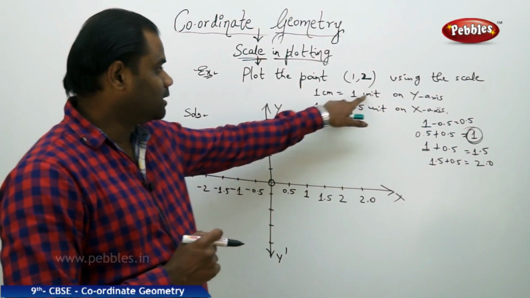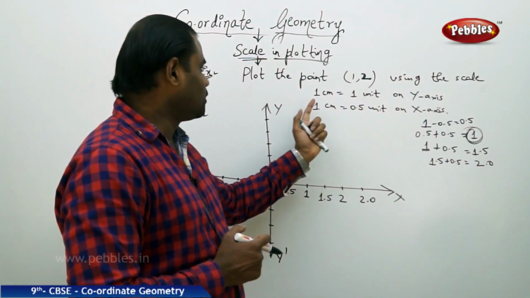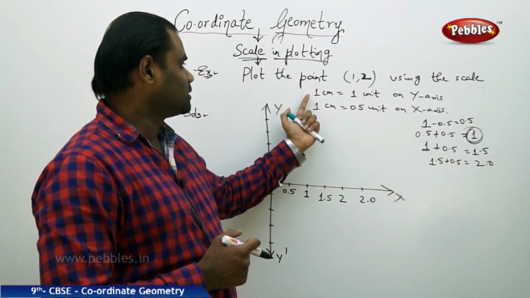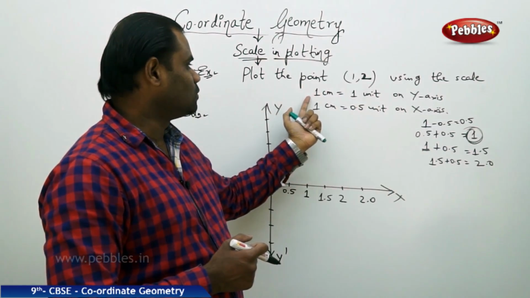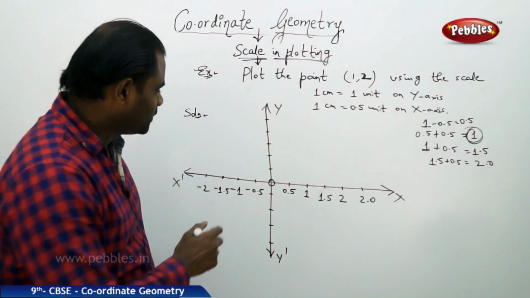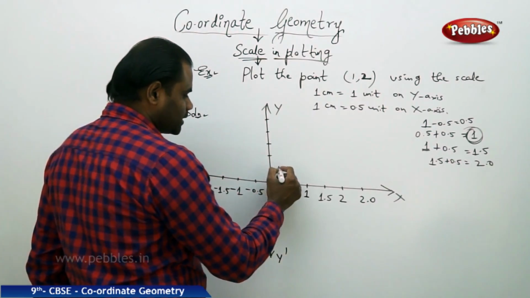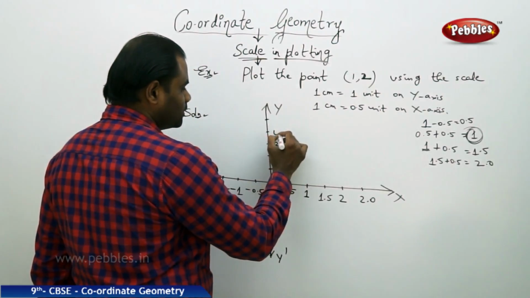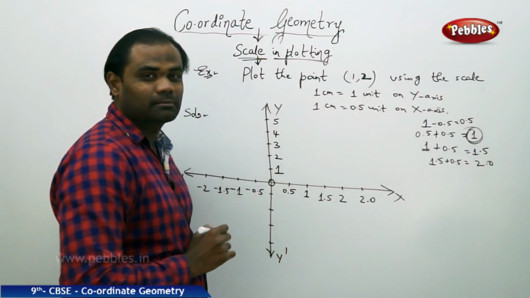Next comes the scaling on y-axis. How do we scale on y-axis? Clearly on y-axis, the measurement refers 1 centimeter to be taken as 1 unit. So every 1 centimeter of the grid is taken to be 1 unit. So I get this to be 1, 2, 3, 4, 5.